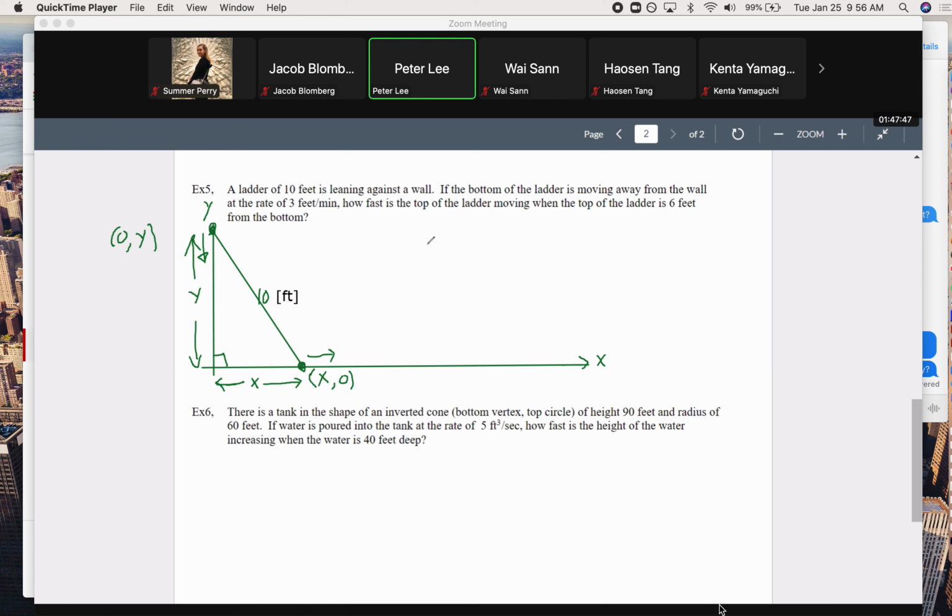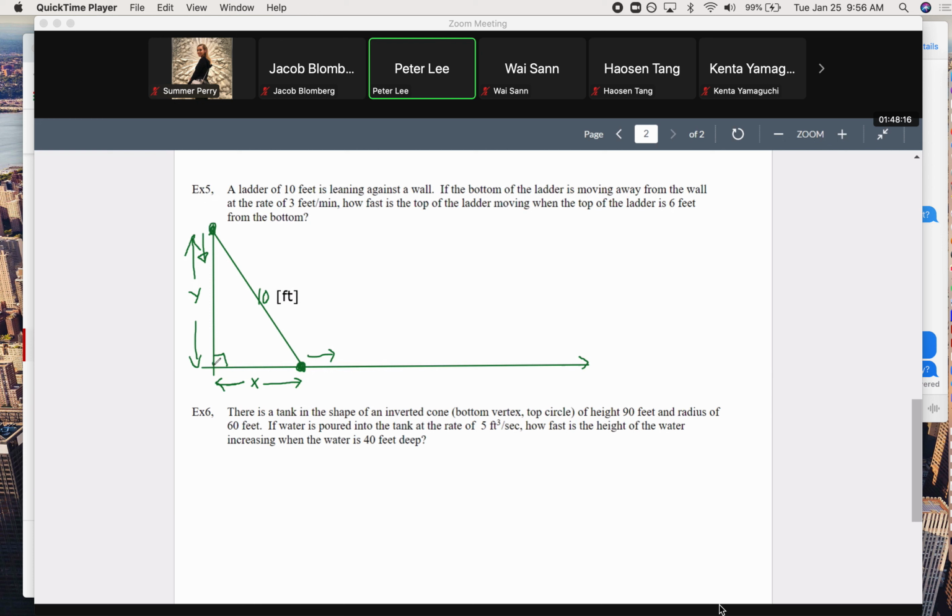So what I will do is, I'm not going to call this the y-axis, nor the x-axis, and I'm not going to call this x, 0, and this 0, y. I'm just going to create a distance variable, and this one I'm going to call x. So instead of creating a variable for this point, I'm going to create a variable for this distance, because the distances and the points are kind of related.